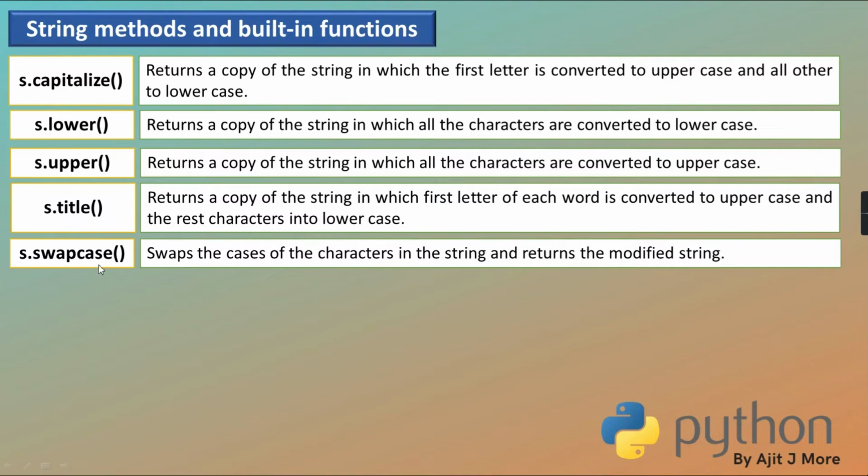Now, like swapcase, there is one more called casefold. The casefold and swapcase results are the same, but they say internally the algorithm is different. The algorithm used by swapcase is different from casefold, and when I read the documentation, they say that casefold is more efficient than swapcase.